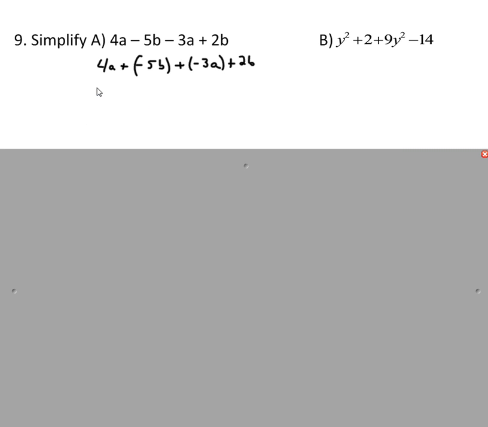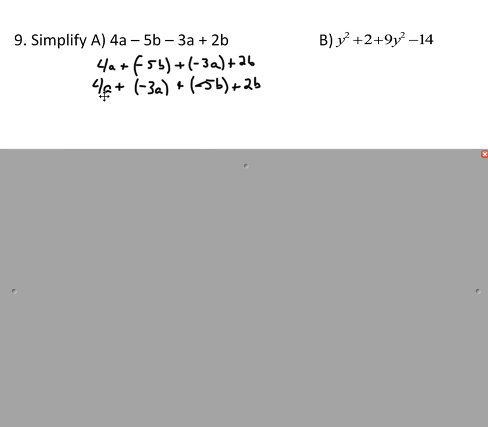We can reverse their position and say, well, this is really the same thing as taking 4a plus negative 3a plus negative 5b plus 2b.